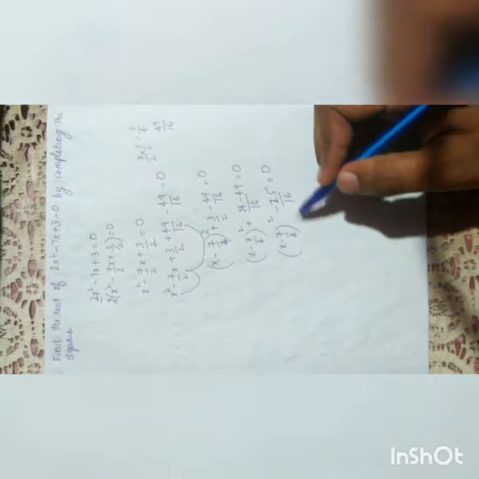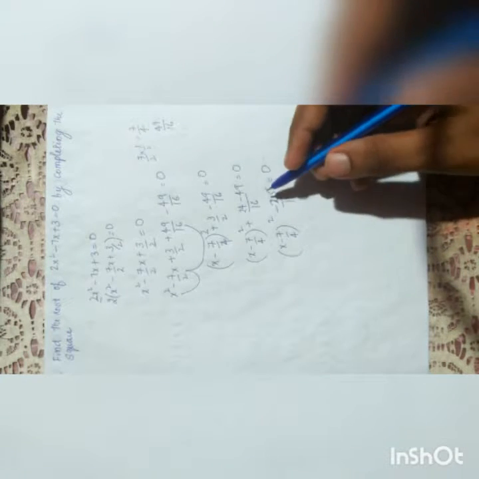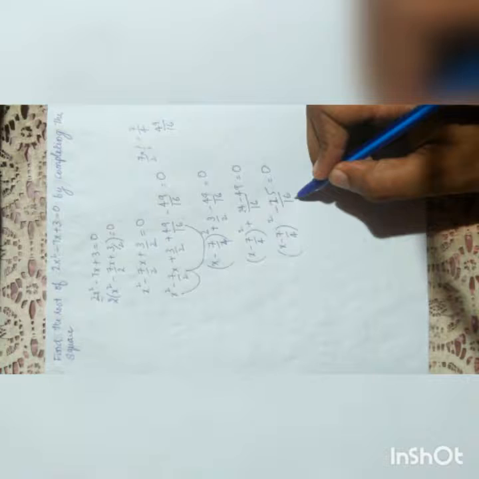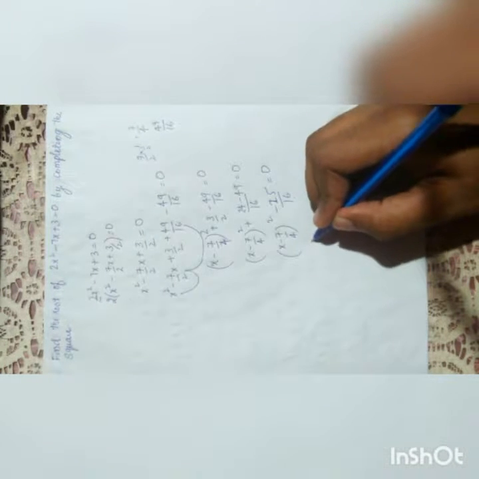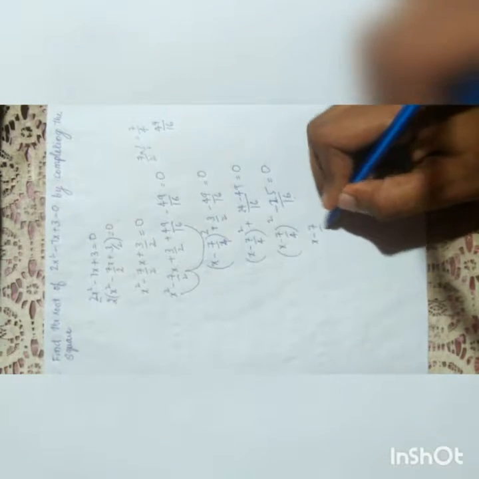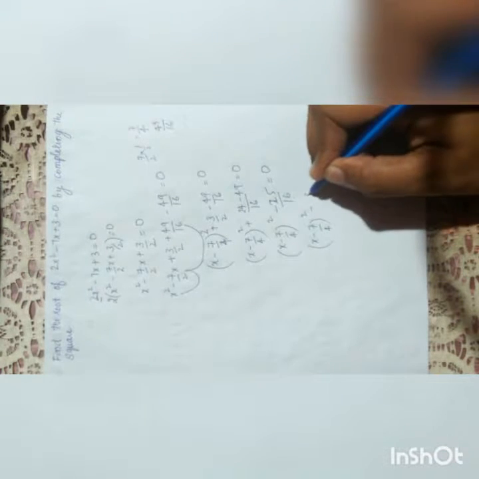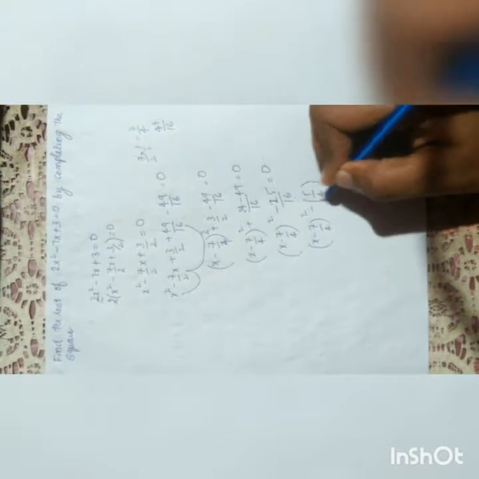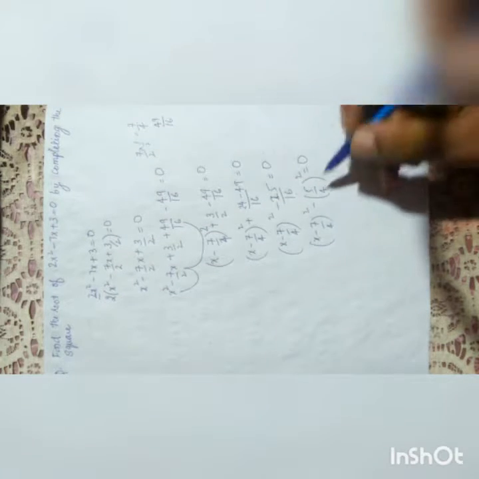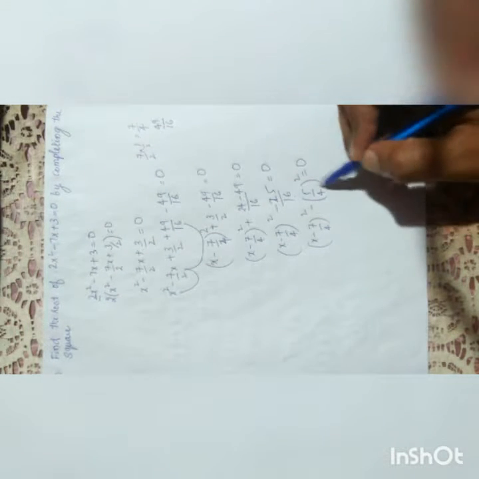Now we need to make this as a² − b². So we can write this as the square of 5/4. So we have this as a² − b².